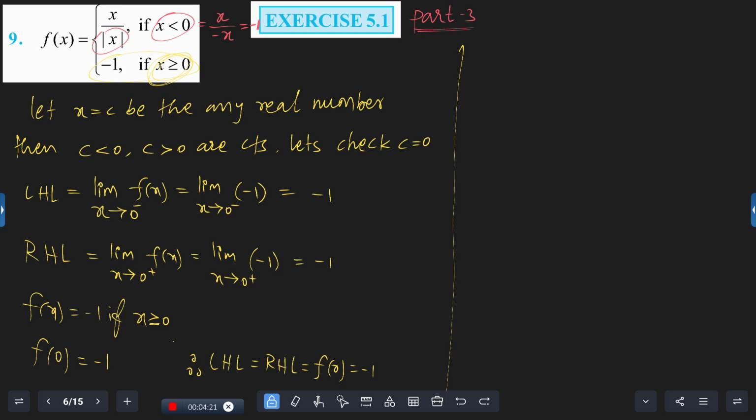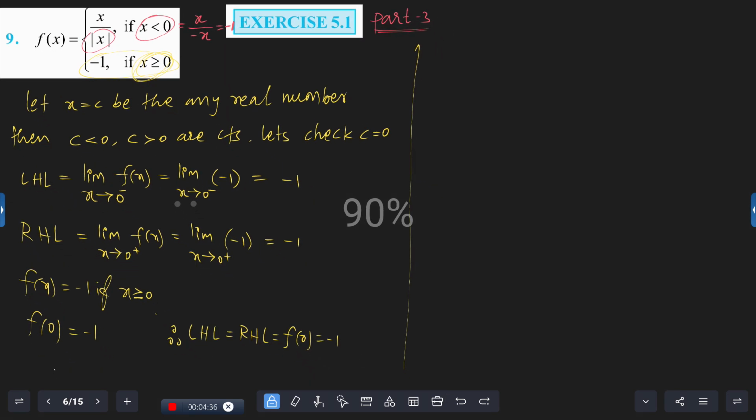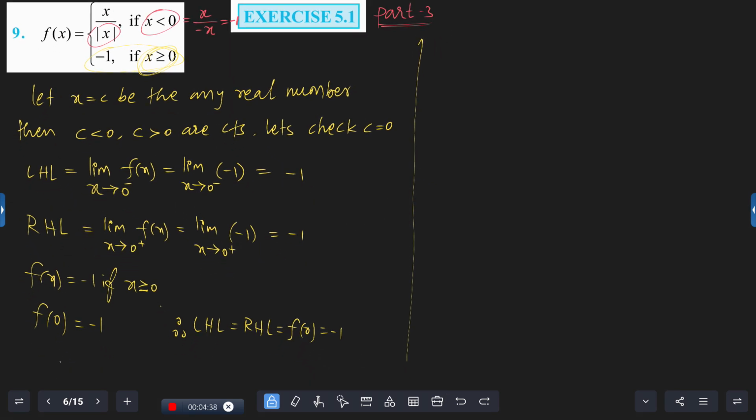They asked for a point of discontinuity, am I right? So what do we have to say? It is not a point of discontinuity. Or else you can also write there is no point of discontinuity. Understand?